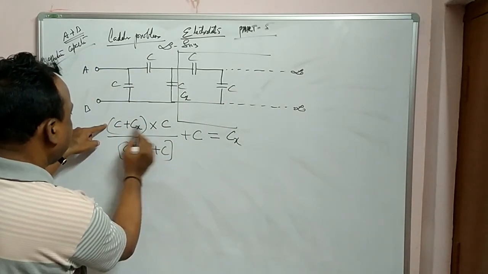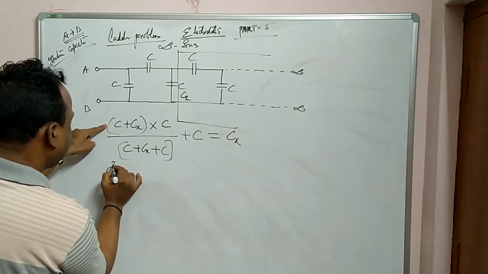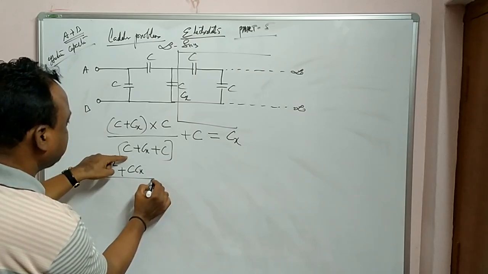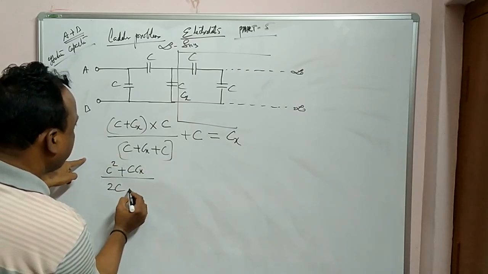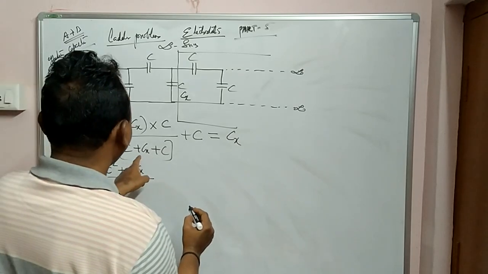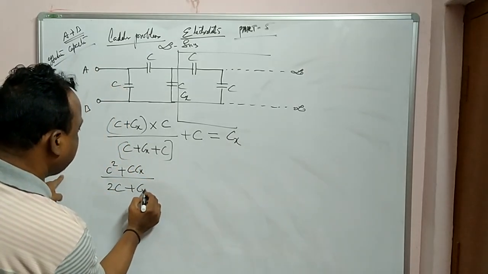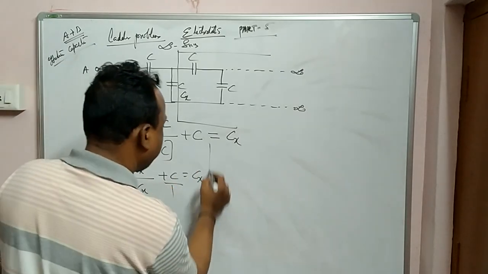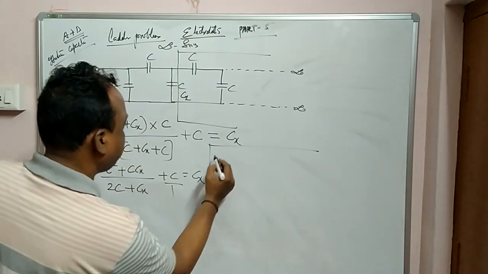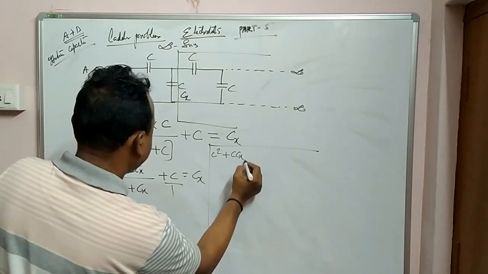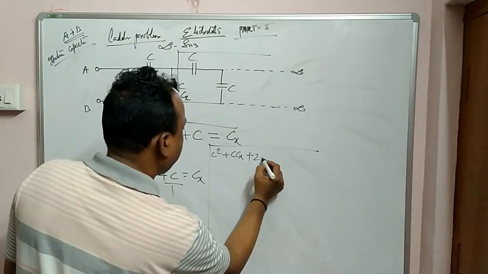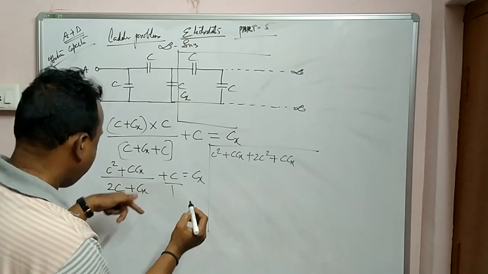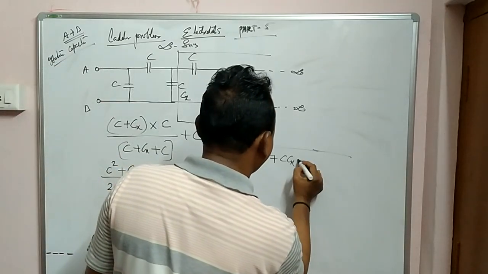We'll see what happens. C into C, C square plus C Cx by, here how much did you get? 2C, okay? 2C plus Cx plus C is equal to Cx. If you take LCM and solve this, how much will you get? C square plus CCx plus 2C square plus CCx, multiplied again by this.